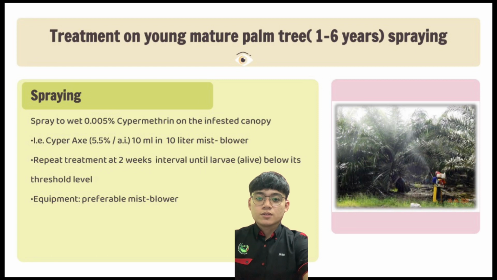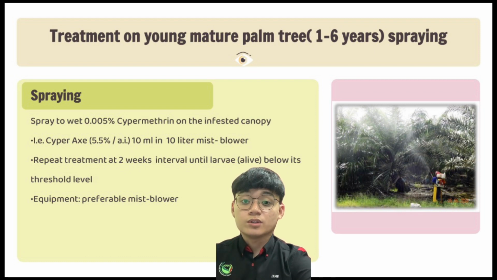As we know, treatment of the bagworm is divided into 2. For young mature palms, 1 to 6 years, we do spraying. On the other hand, for mature palms or prime mature, including tall mature palms, which are 6 years and above, we do trunk injection. First, we will go into the spraying.